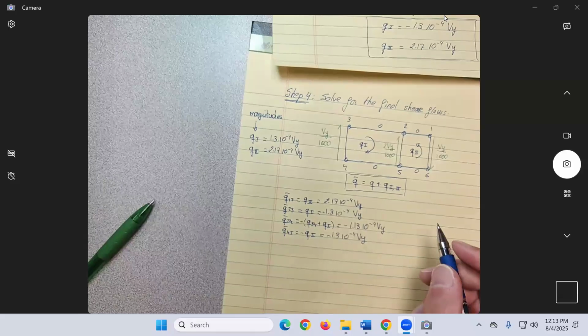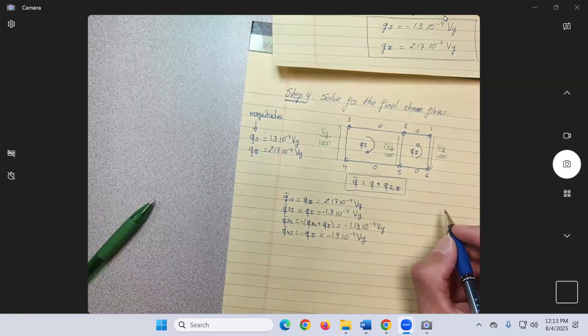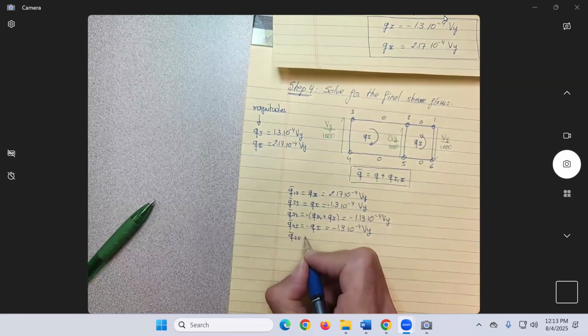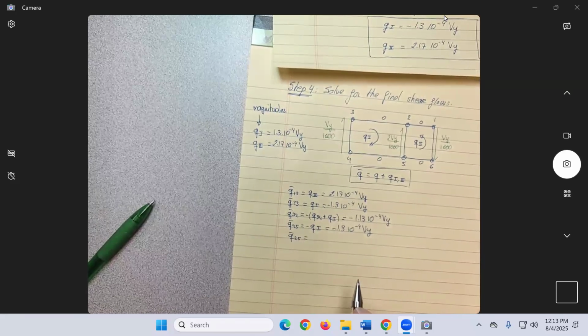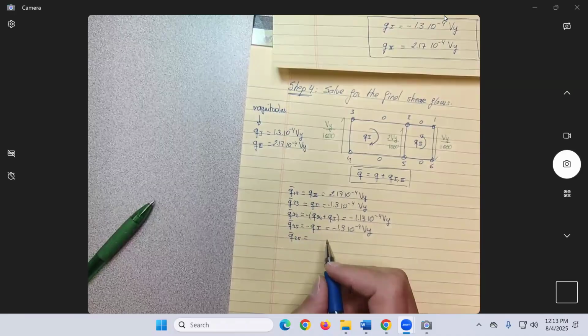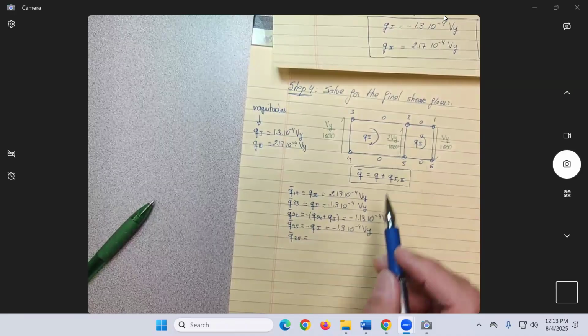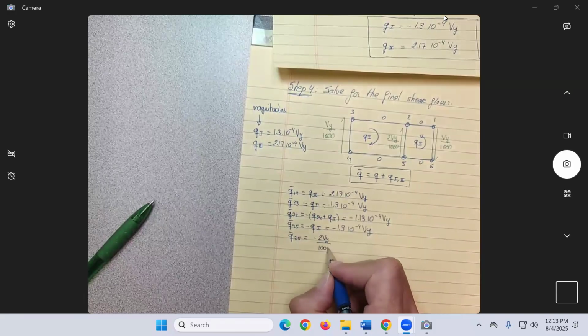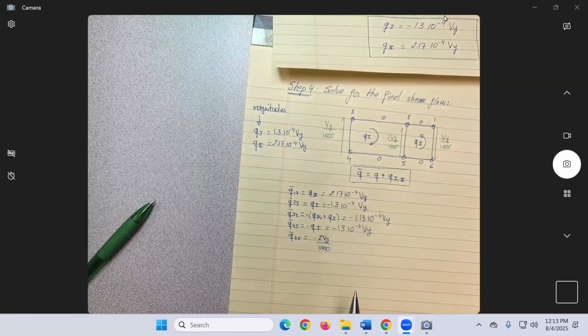Now let's do the middle one, which I will say is the conflictive one here. Q bar 25 will be equal to what? Be plus Q2 minus Q1. Yeah, but it's going from 5 to 2, so it should be really minus 2 Vy over 1000. Then what?